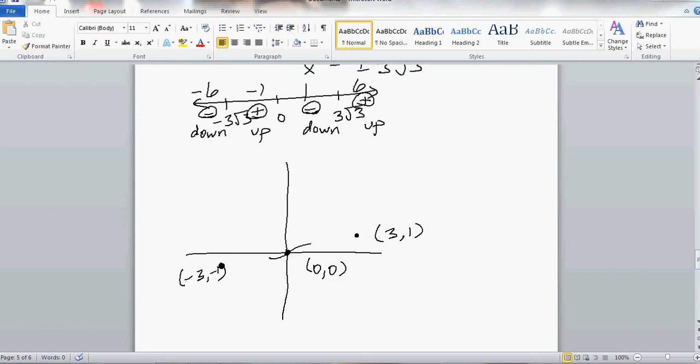And then we also know at negative 3 root 3, which is about right here, the value is negative root 3 over 2, which is about right there. So this is negative 3 root 3, negative root 3 over 2. And the corresponding value would be about right here, which is 3 root 3, root 3 over 2.